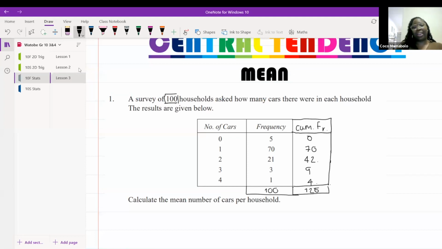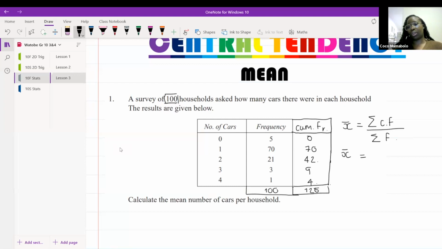So we're just going to remind ourselves quickly, when we're calculating the mean, our formula reads that the mean, which is always an X with a prime on the top, is always the sum of my cumulative frequency divided by the sum of my frequency. Can you put this together for us? What is my mean going to equal? What is the sum of my cumulative frequency?